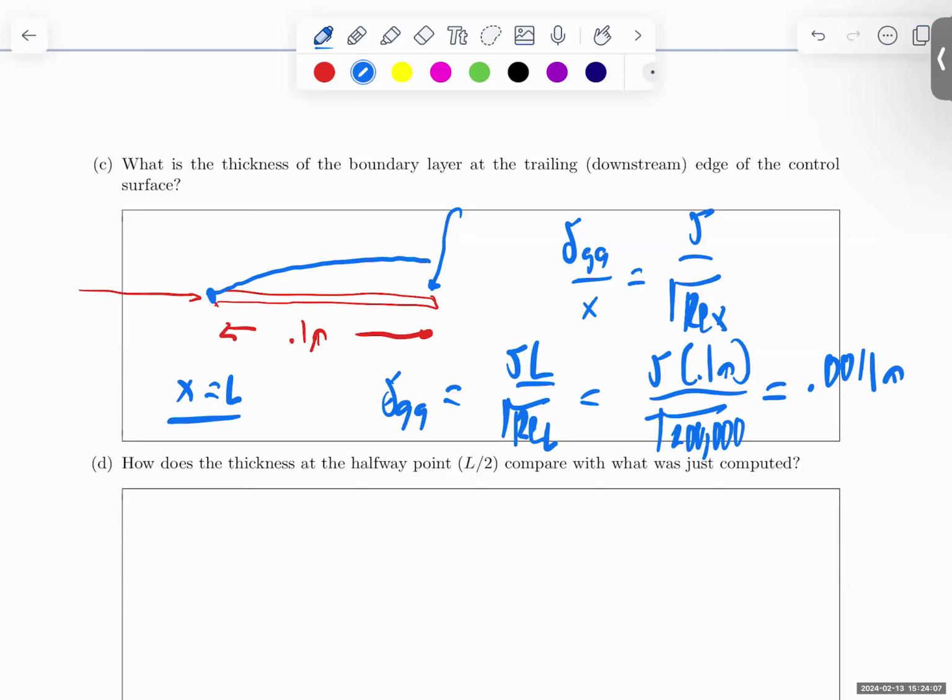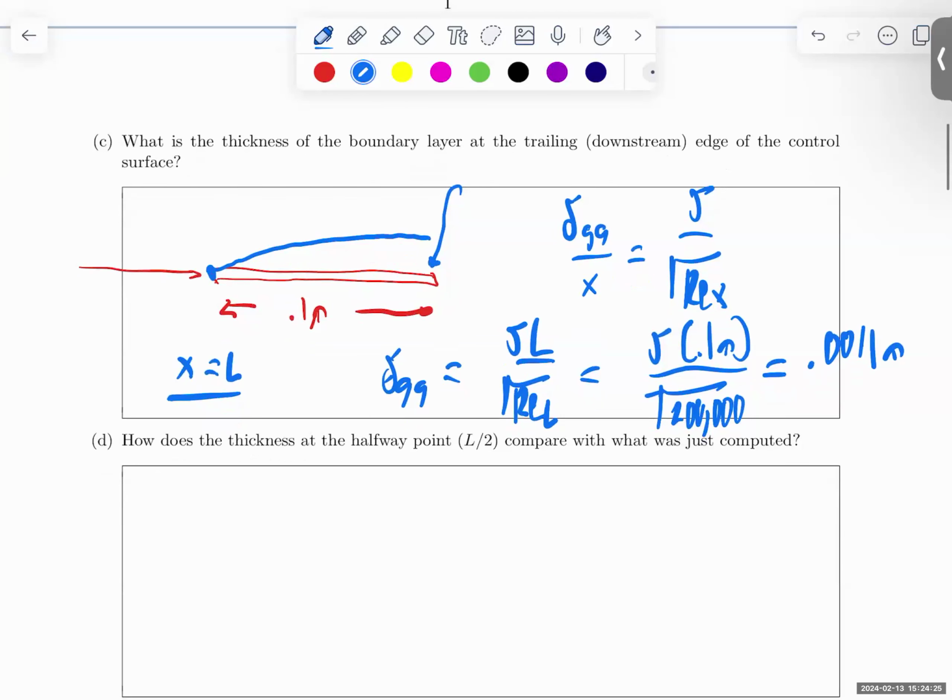So it's 1 millimeter, roughly, 1 millimeter at the end of a 0.1 meter plate. So we can see here, did I do this right? Yeah, so it is 1 millimeter after 0.1 meters. So we have 10 centimeters and a 1 millimeter thickness boundary layer.